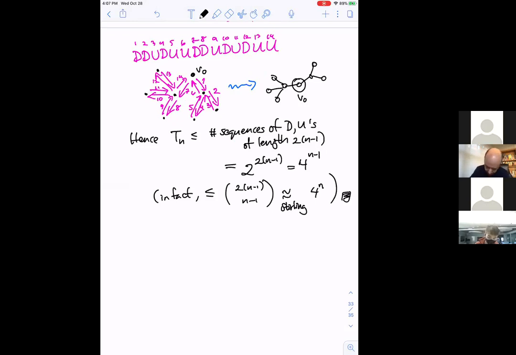All right. Good. So there we have it. We've gotten a rough sense of how quickly the unlabeled trees grow as n gets large. We have an exact sense of how many labeled trees on n vertices there are as the n grows.